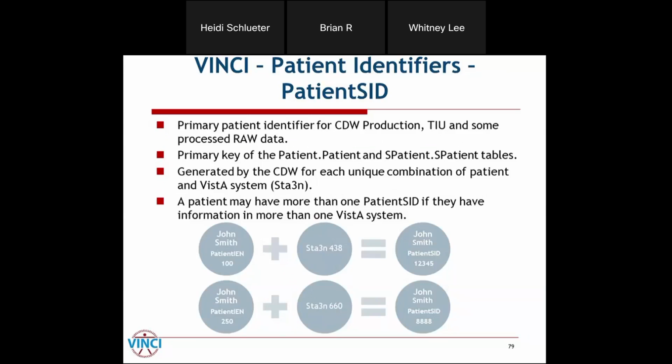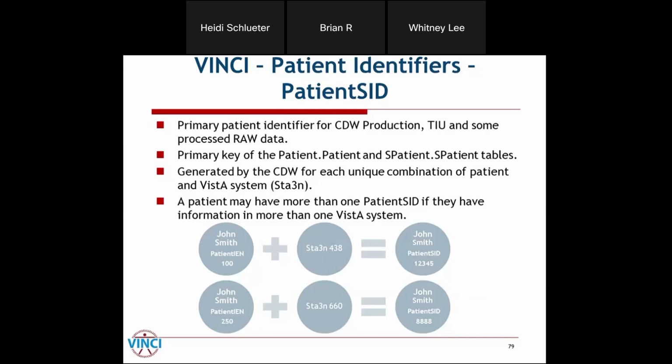And we have the patient CID. So the patient CID is the primary patient identifier for CDW production, the TIU, and some process raw data. It's the primary key in the patient and S-patient tables. It is generated by CDW for a unique combination of patient and VISTA system. So a patient may have more than one patient CID if they have information in more than one VISTA system.